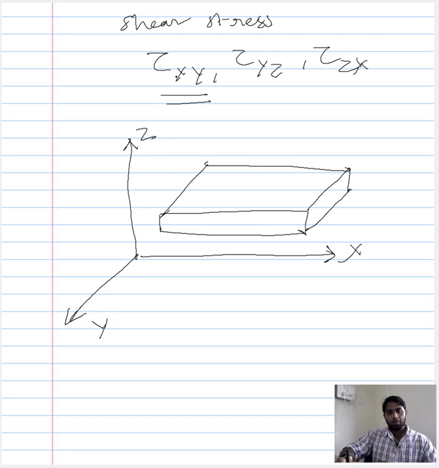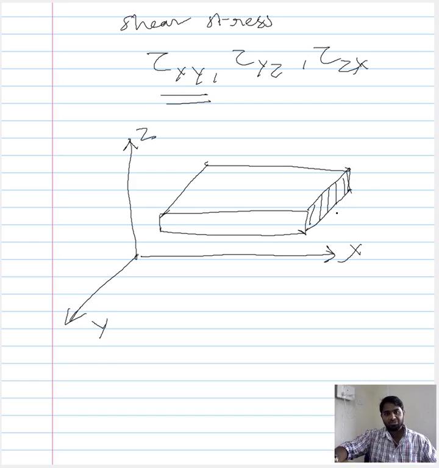Now when you talk about the x plane, the value of x will be constant and the values of all the other coordinates will vary. So that would mean this is the plane.